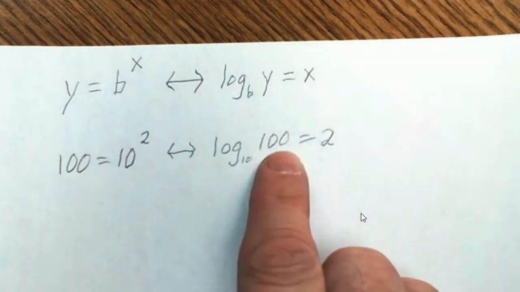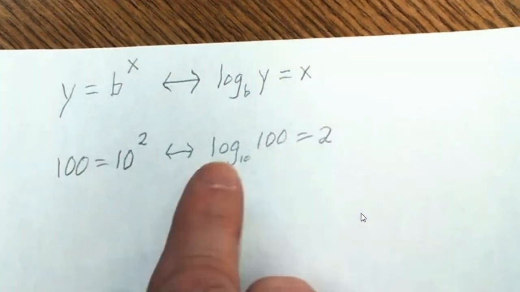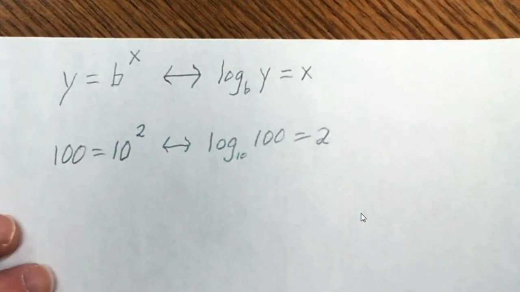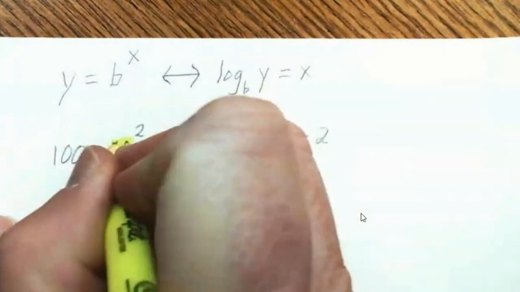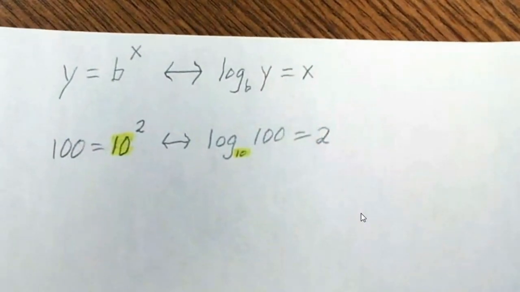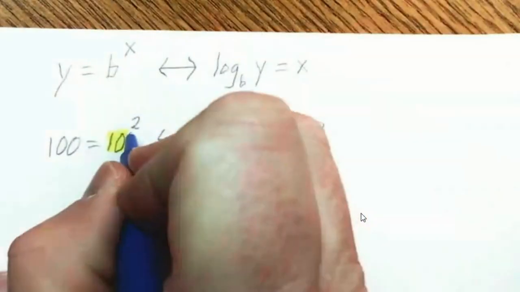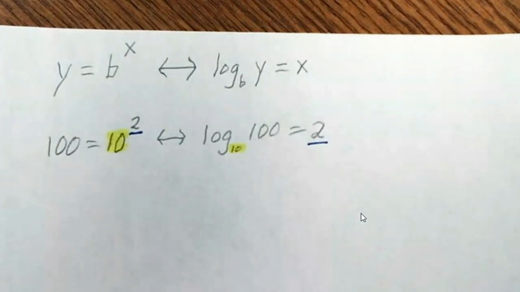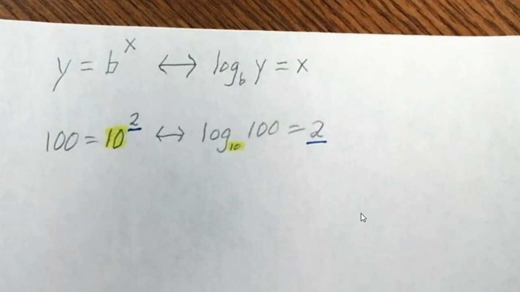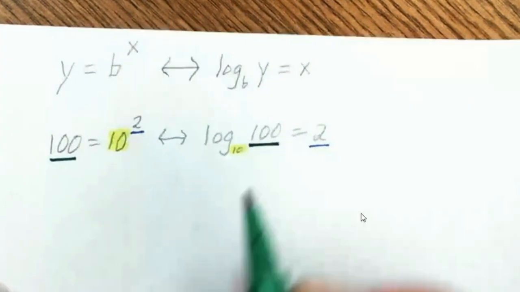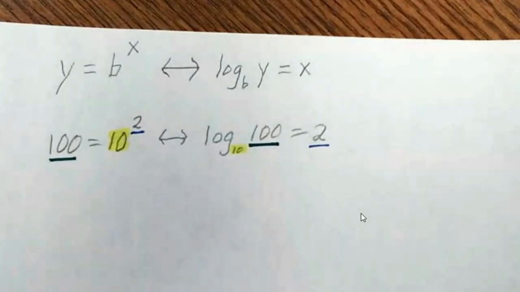Log base 10 of 100 equals 2. 100 equals 10 squared. So what we see is whatever the base is of our exponential equation is going to be the base of our logarithm. Whatever the exponent is going to be on the other side of the equal sign from our log. And whatever the argument is out here becomes the argument of our logarithm right there.